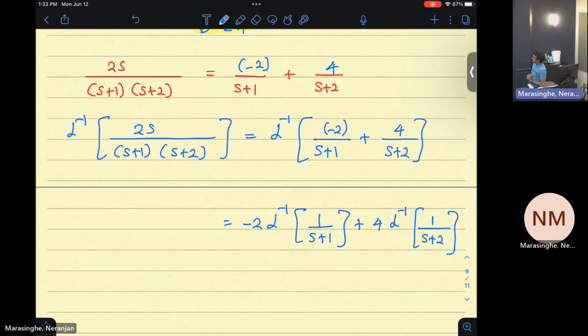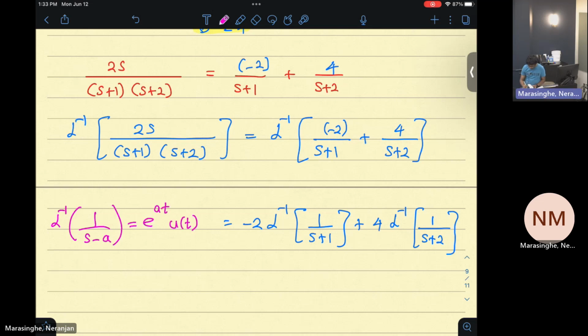Right. Now, what is the inverse Laplace of 1 divided by (s plus 1)? And what is the inverse Laplace transform of 1 divided by (s plus 2)? Yeah, e to the negative t and e to the negative 2t. Again, recall the inverse Laplace of 1 divided by (s minus a) is equal to e to the at.